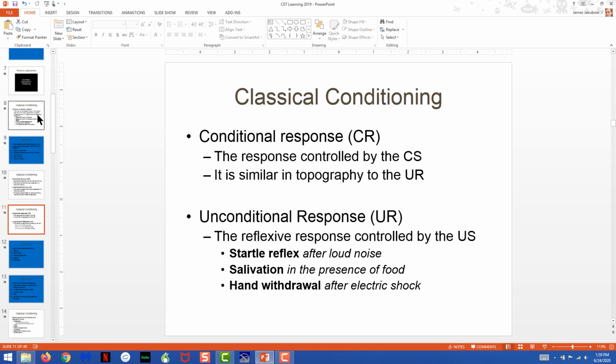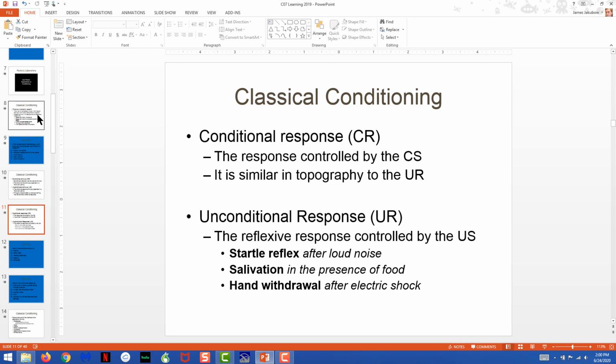Once the metronome does control salivation, that salivation to the metronome specifically will be referred to as a conditional response. If, however, you were presenting food to the subject, the salivation that occurs under the condition of food as a stimulus would be referred to as an unconditional response.